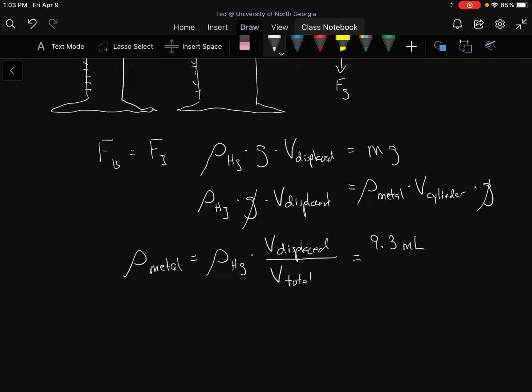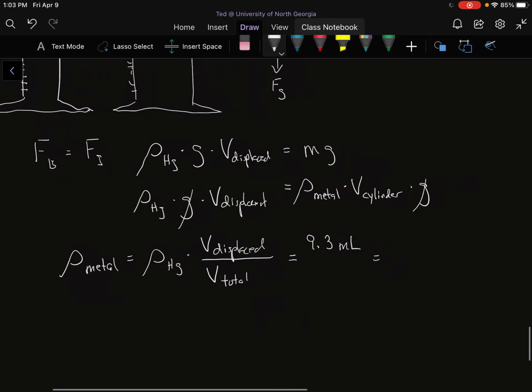Now, the problem is, of course, usually we use meters cubed, so I need to convert that. 1 milliliter is 1/1,000,000th of a meter cubed, so I divide by a million. So I get 9.3 times 10 to the minus 6 meters cubed.